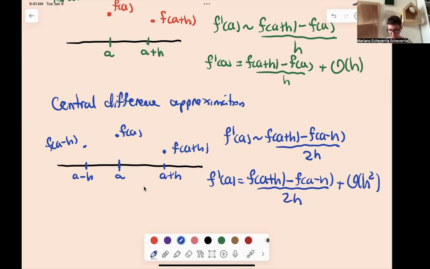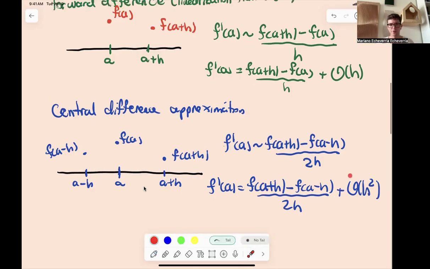Okay, so what that means is that in this approximation, the dominant term in the error is H squared. And that's better because the idea is to think of H as being very small. If H is very small, then H squared is smaller than H. So the idea is that these should converge faster to the derivative.